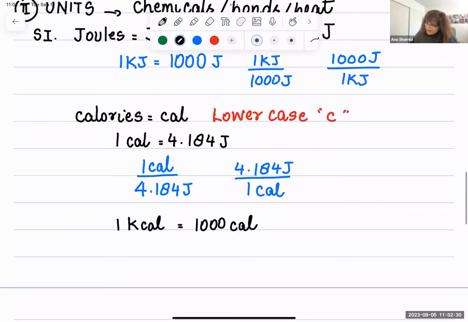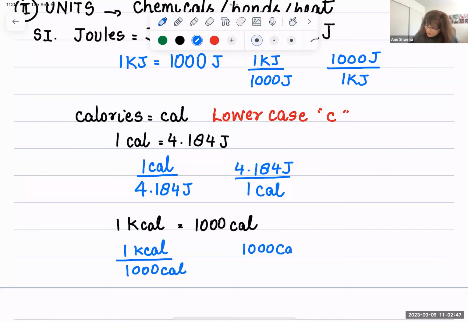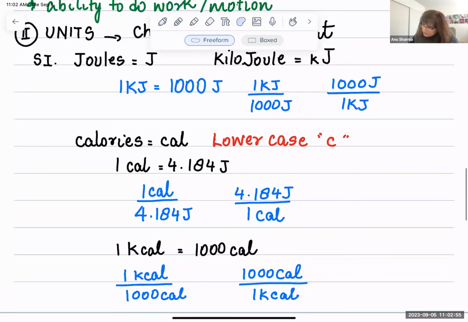The conversion factors are the same thing: 1 kcal over 1,000 calories, or 1,000 calories over 1 kcal. So these are the conversion factors from here.